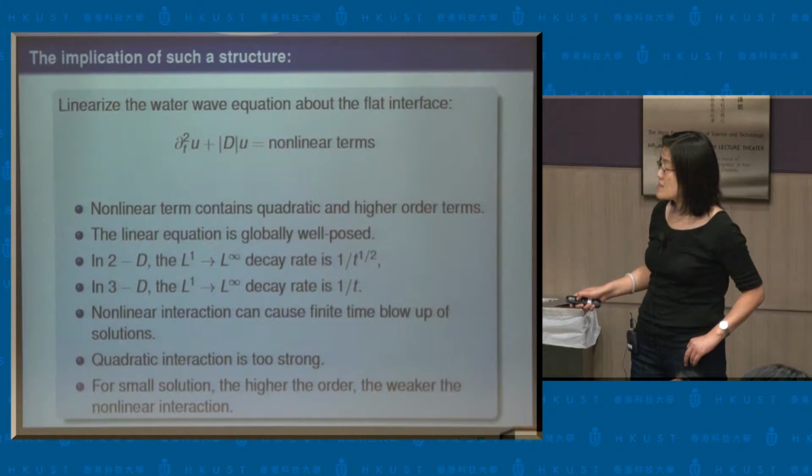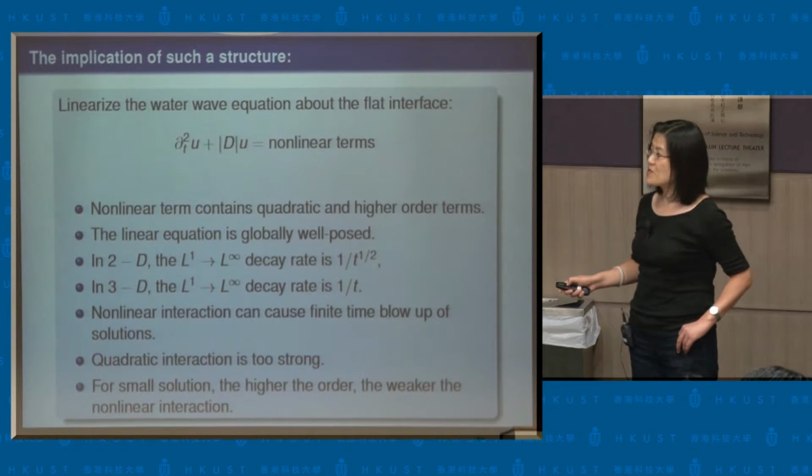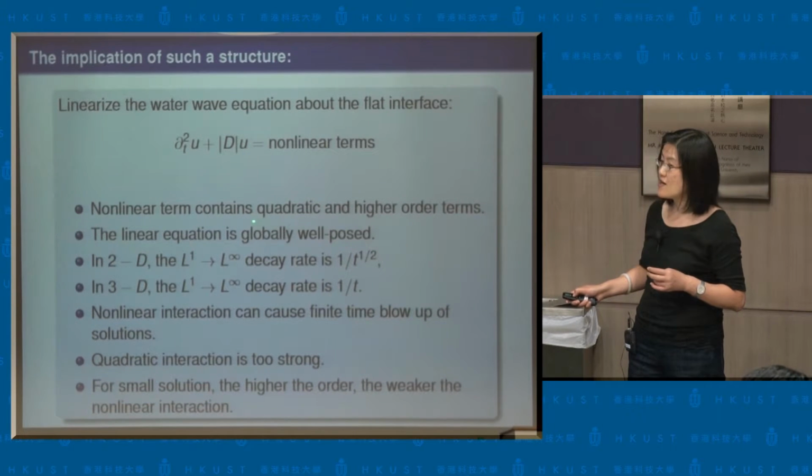In 3D, it decays with rate 1 over t. It's purely because in 3D there's one more direction to disperse out, so the decay rate is faster. And now we want to understand for how long we can solve this equation. Really, precisely mathematically, the question is, we know the linear equation can be solved for all time, right?